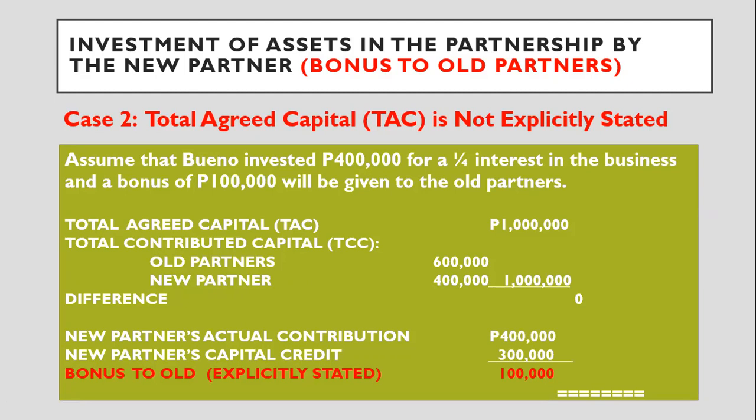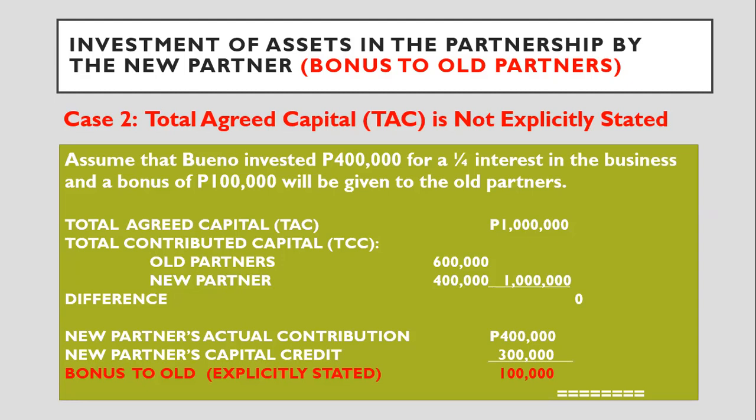Since there is no amount for the total agreed capital, it has to be understood that the total agreed capital is the total actual contribution of the three partners. The old partners have 600,000 and the new partner invested 400,000, so the total agreed capital is 1 million.